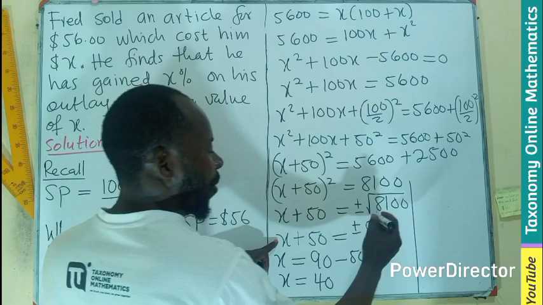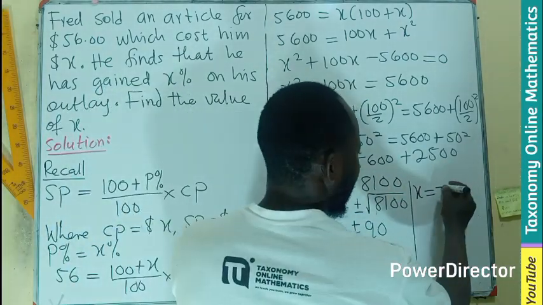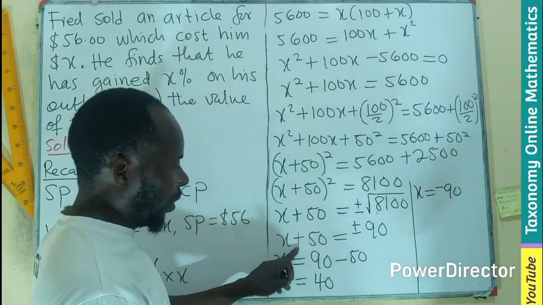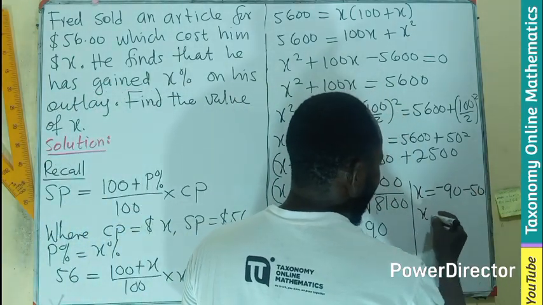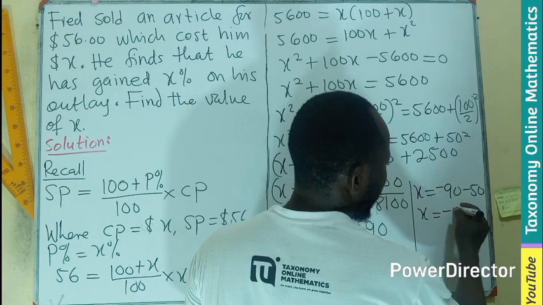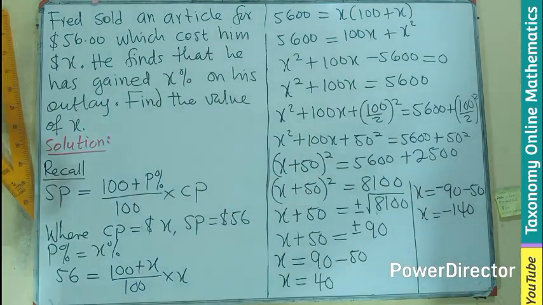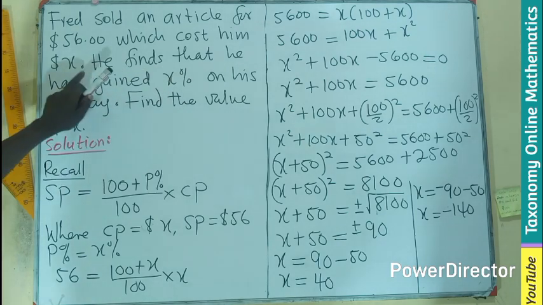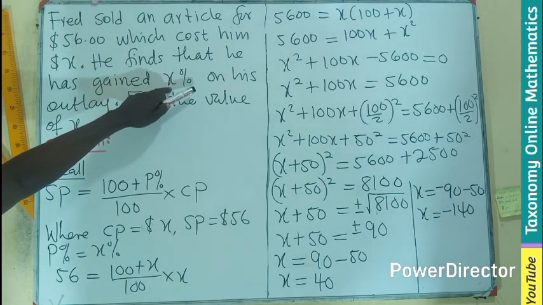Then we take the negative 90, and transpose the 50, still minus 50. That makes X equal to negative 140. What does the X stand for? The X is standing in for cost price and profit percent.